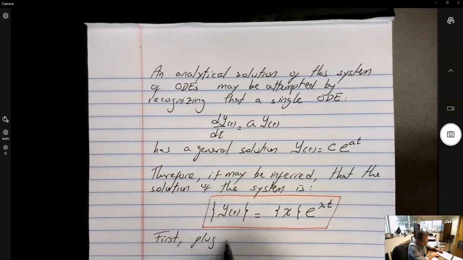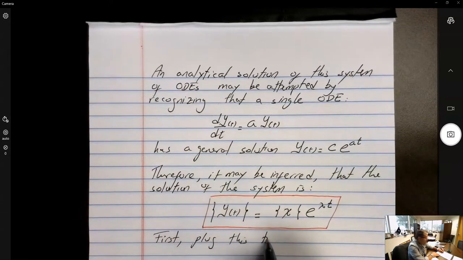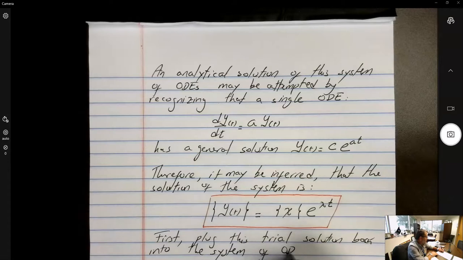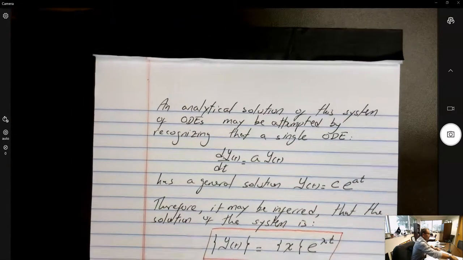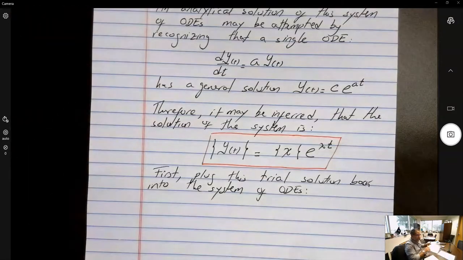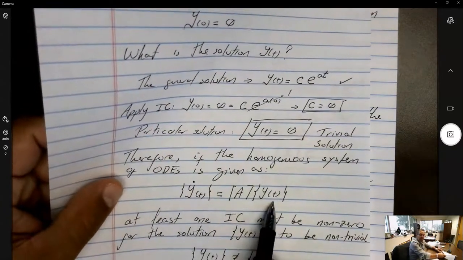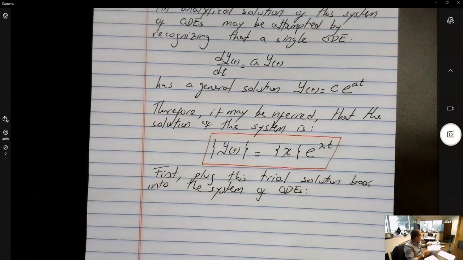So what we're going to do is first plug this so-called trial solution back into the system of ODEs. Right? So if we are inferring that this satisfies the system right here, let's plug it back in and see what we find. We should find an identity.